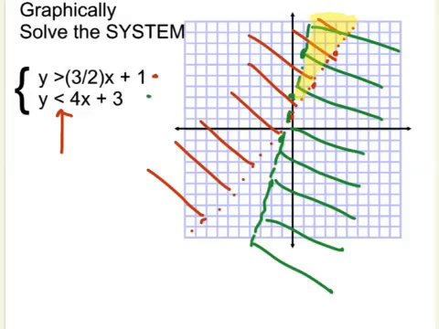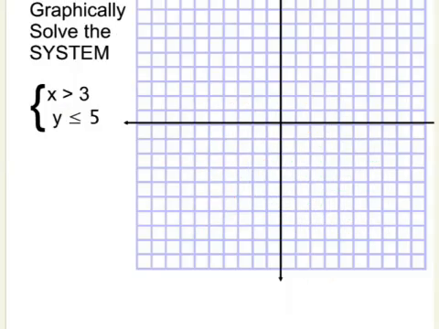Okay, let's look at one more problem that may trip you up. Alright, on this problem, if you notice, it doesn't have a y and an x. All it says is x has to be bigger than 3. So you try to think of the graph, where is x bigger than 3?